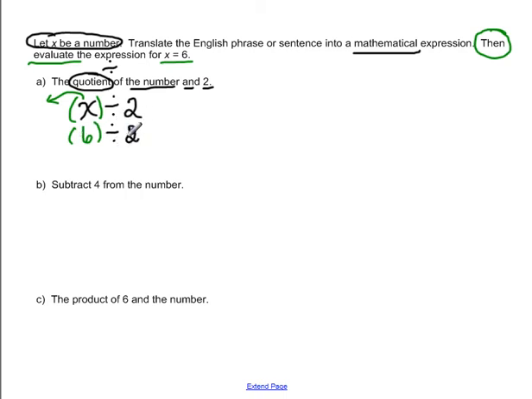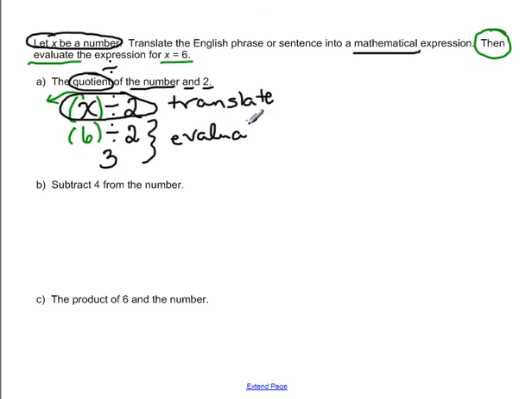And now I'm going to simplify. I'm going to actually do the math here. 6 divided by 2 would give me 3. So here's the answer to the first part of the question. This is the translation, and the next 2 steps that we have here, this is where we evaluate.